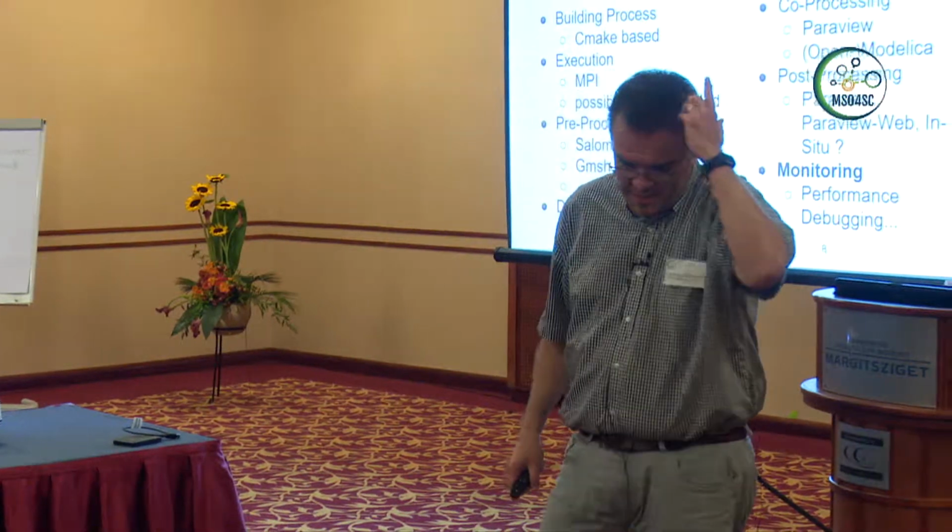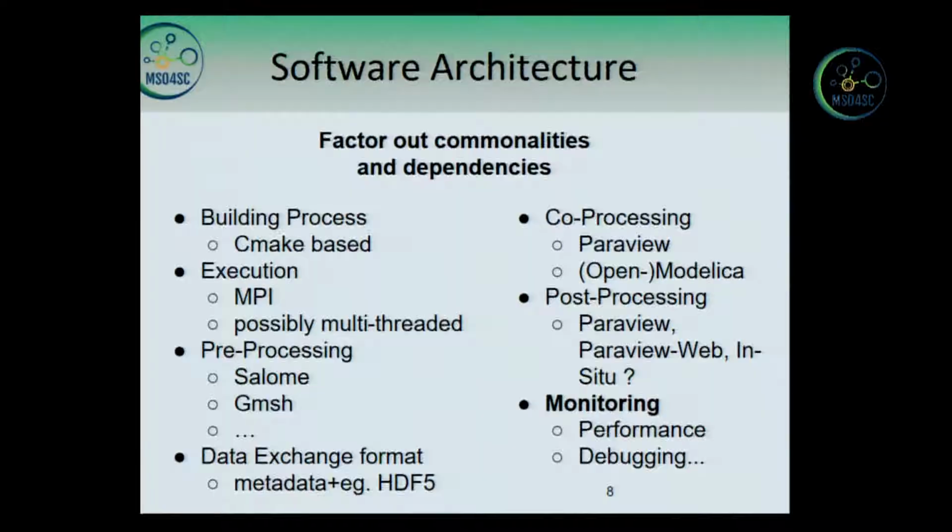So if I go back now to the different aspects of the work package, in terms of software architecture, what do we want? We want a building process which is rather standard. I think all our frameworks follow the same process, which is good. We all use MPI. Maybe some of us also allow multi-threading within MPI.